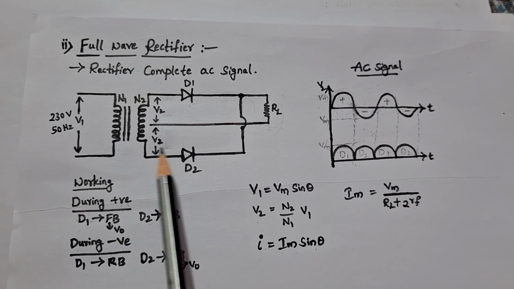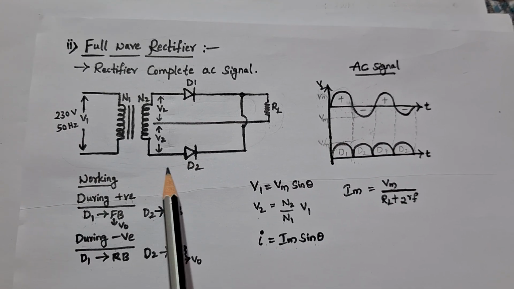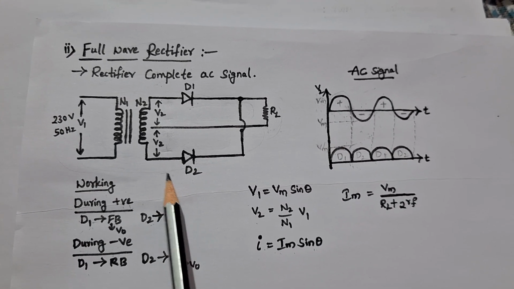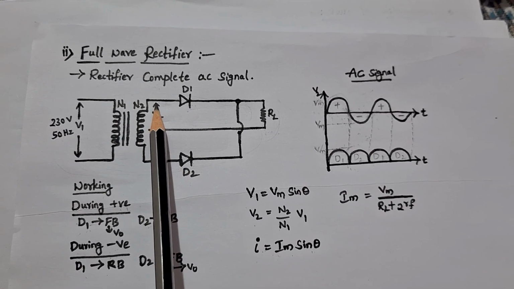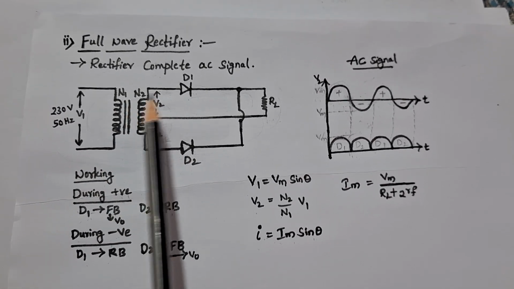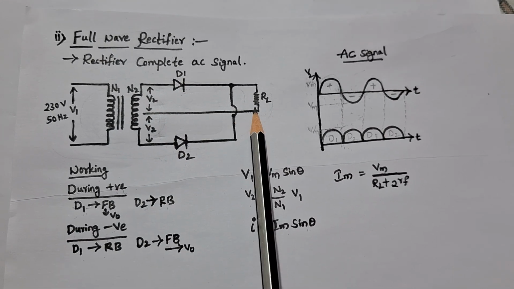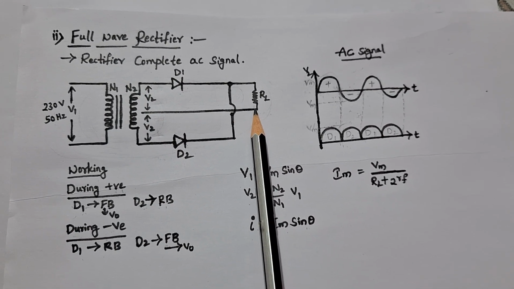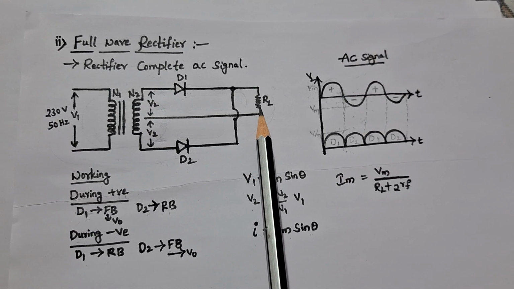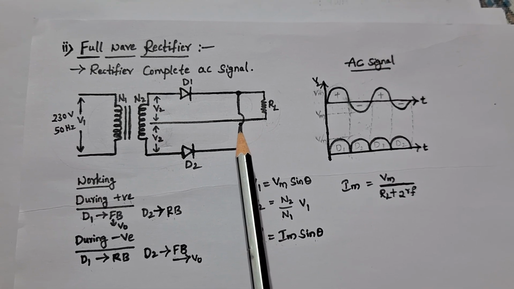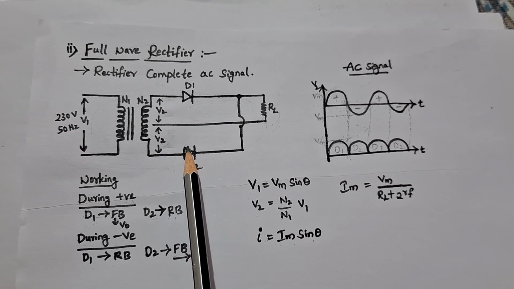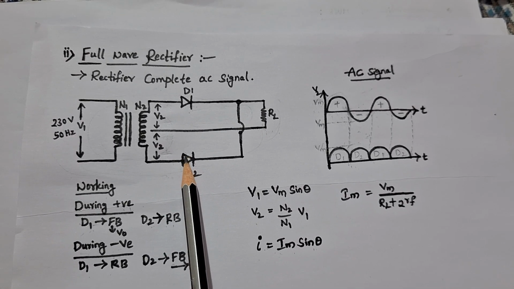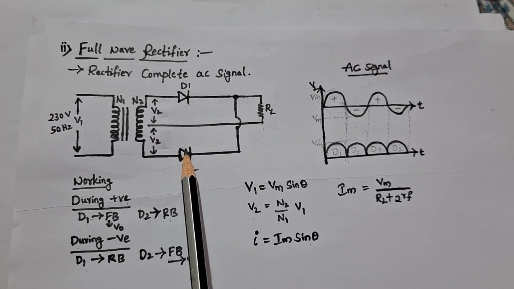This is a circuit of full wave rectifier. As you can see, the full wave rectifier circuit consists of a transformer, two diodes and a load resistor. See here, this is a load resistor. In the secondary of the transformer, there are three terminals. We are considering all these three terminals.